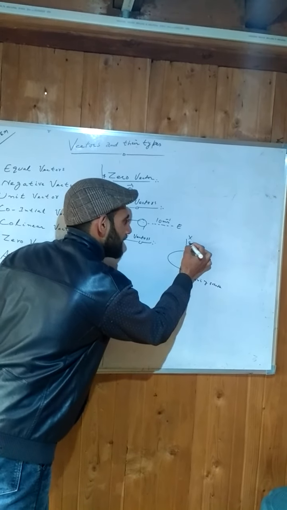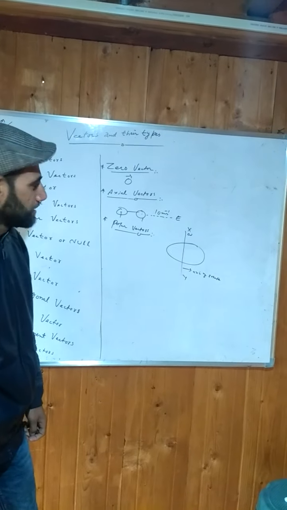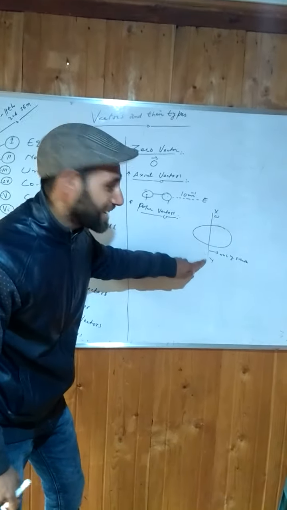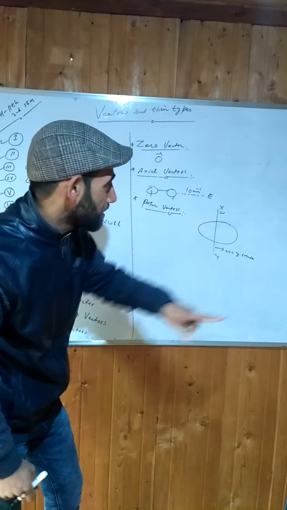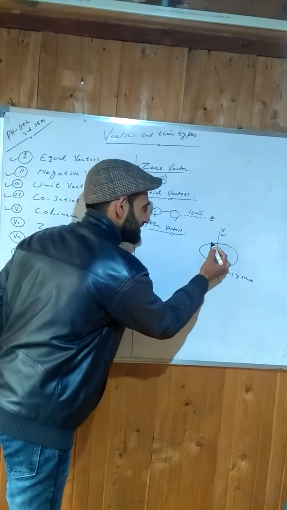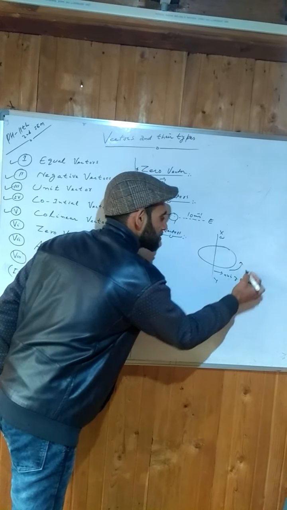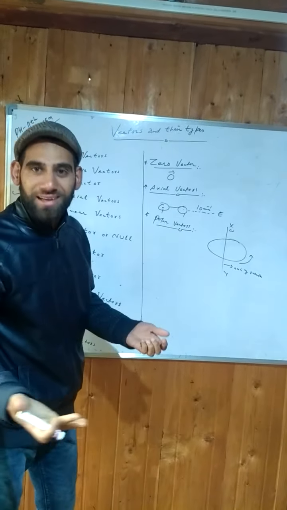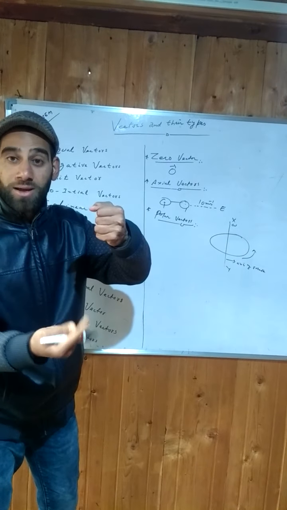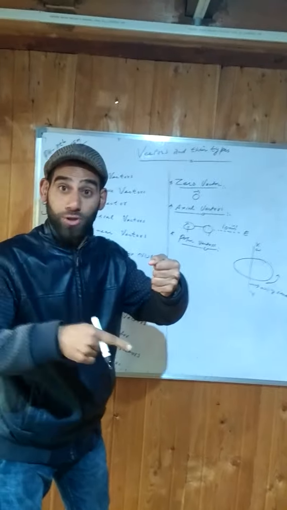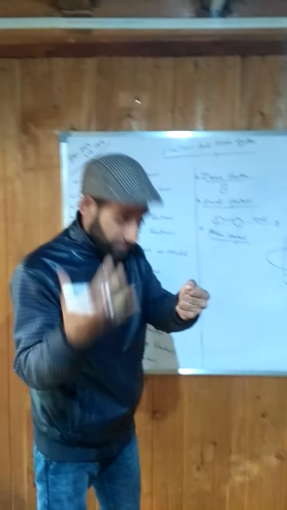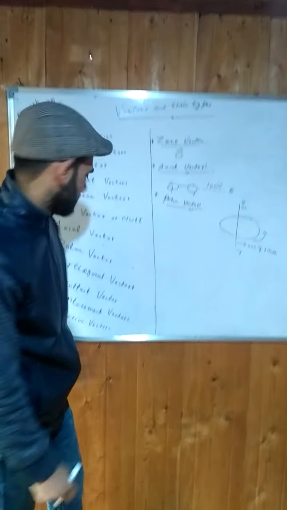If this is omega, angular velocity, the direction of angular velocity is along the axis, but the direction of motion of the body is anti-clockwise. Similarly, a fan moves about some axis, but the vector along the axis of rotation, not along the direction of motion of the body, is called a polar vector.